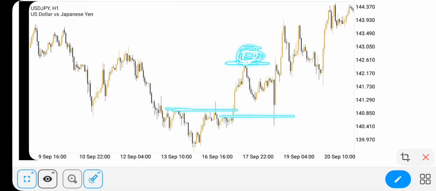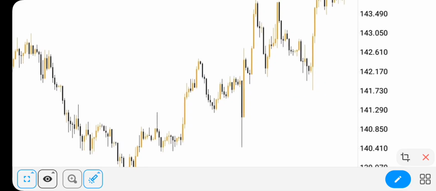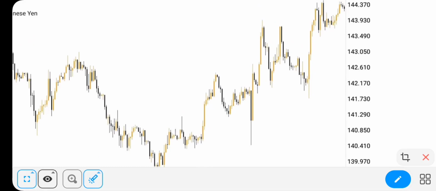If you missed your first entry right here, you wait for the secondary break, because the first break occurred when we broke this last lower high. After breaking this last higher high, the market pushes back to around this area. It then rejects and continues to push to the upside. So that's how you take your second entry if you missed your first entry.